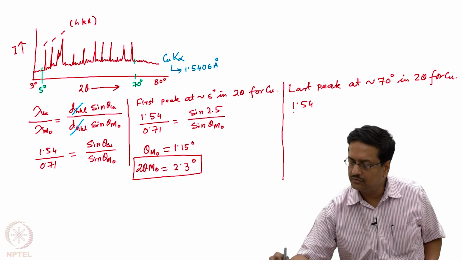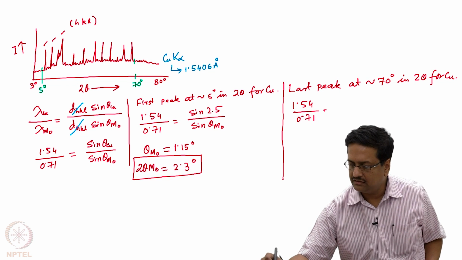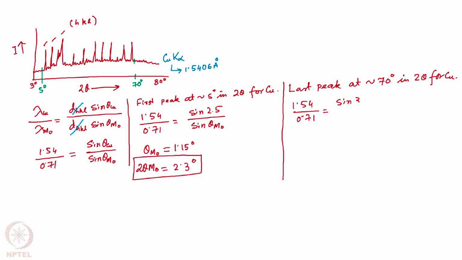So 1.54 divided by 0.71 equal to sine 35 by sine theta Mo, and if we solve for theta Mo, we get theta Mo equal to 15.33 degrees, that is, 2 theta Mo as 30.66 degrees.